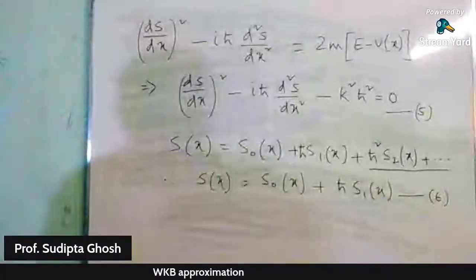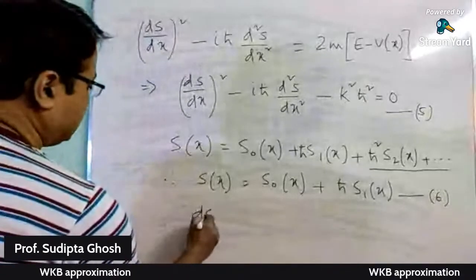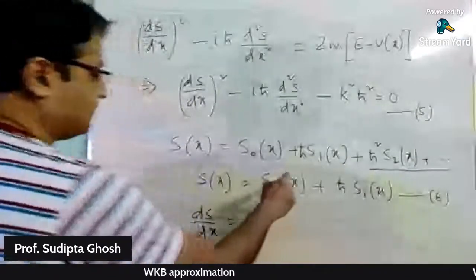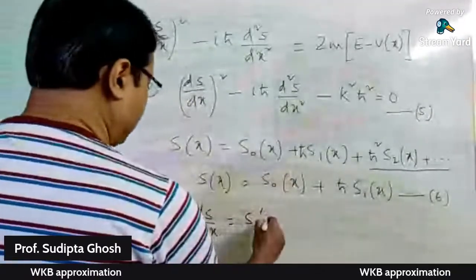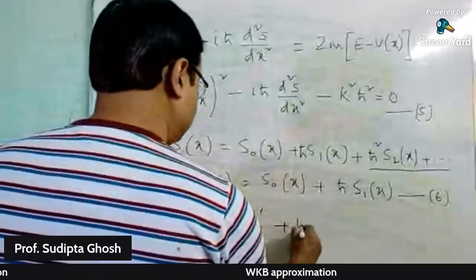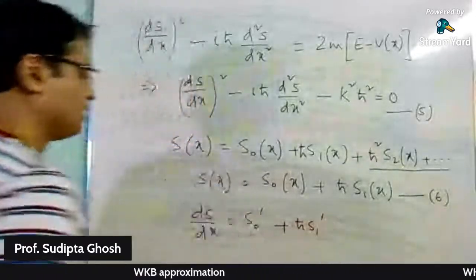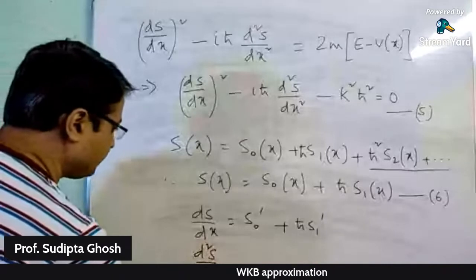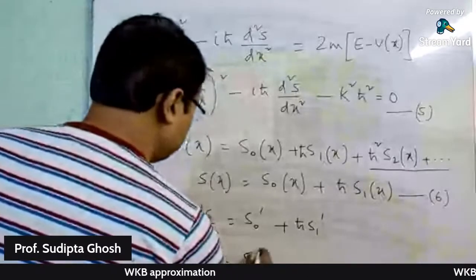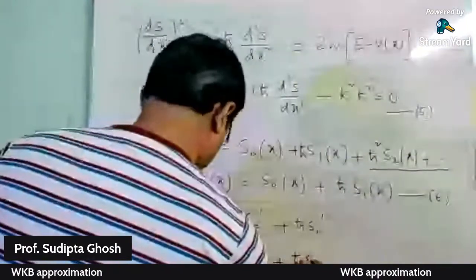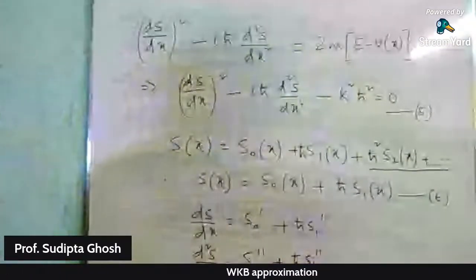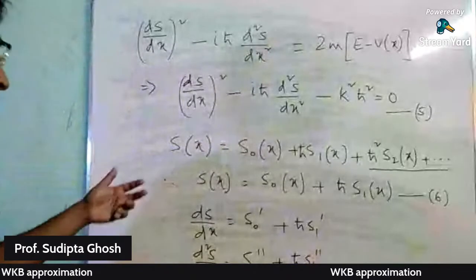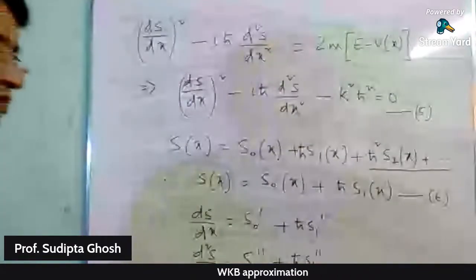So let's find ds/dx. Since s0 is a function of x, ds/dx should be s0' + ħ s1', and d²s/dx² should be s0'' + ħ s1''. So let's move on to substituting these values of ds/dx and d²s/dx² in equation 5.